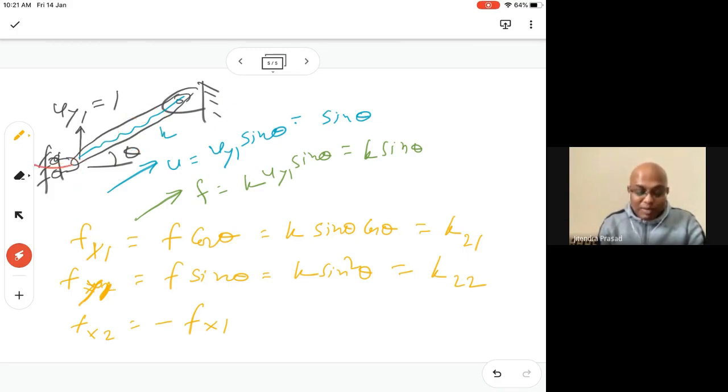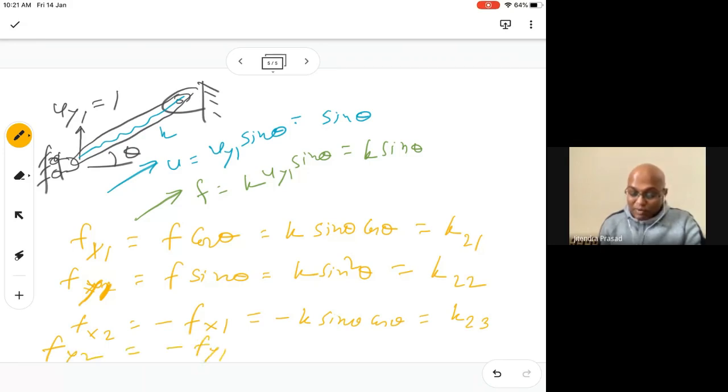So straight away, whatever force you get here will be the force here, but in the opposite direction. So we can write Fx2 equal to minus Fx1 equal to minus K sine theta cos theta, which is equal to simply K 2 3. And similarly, Fy2 is equal to minus Fy1 is equal to minus K sine square theta, equal to K 2 4.